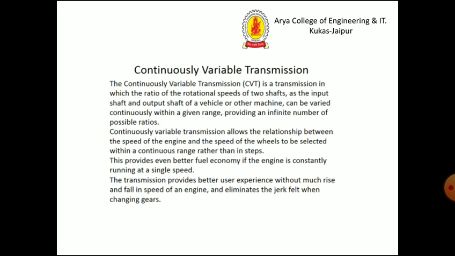It allows the relationship between the speed of the engine and the speed of the wheels to be selected within a continuous range rather than in steps. This provides even better fuel economy if the engine is constantly running at a single speed.